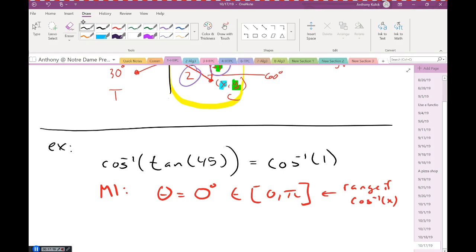A topic students tend to have a little bit of problem with is when we start talking about proving trig identities. Mm-hmm. Yeah. They were my favorite also. So.